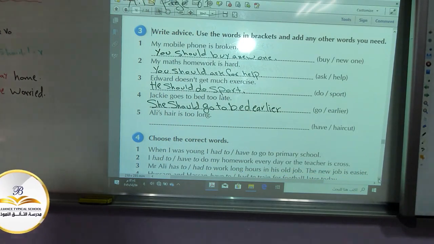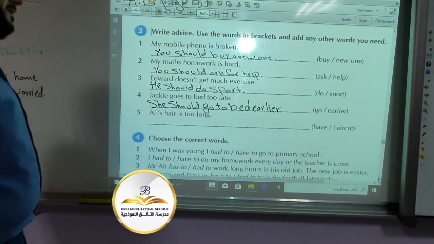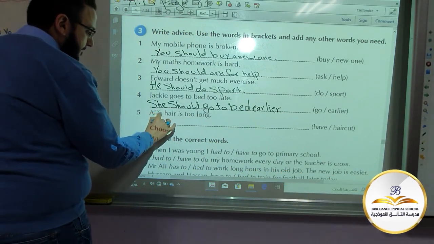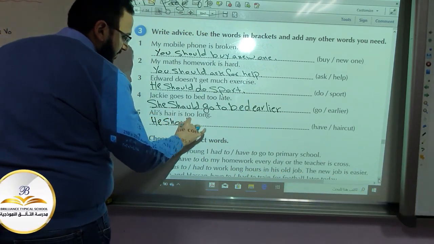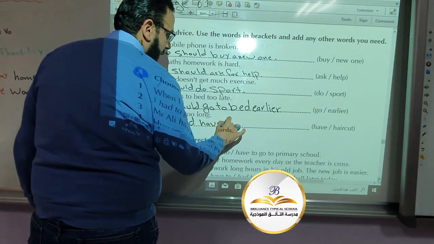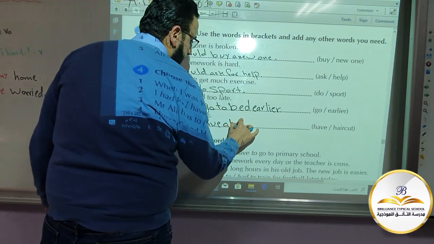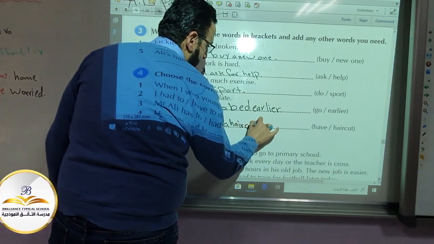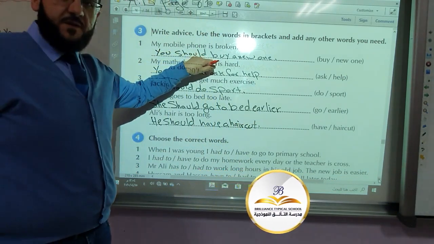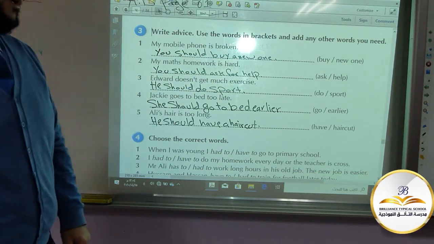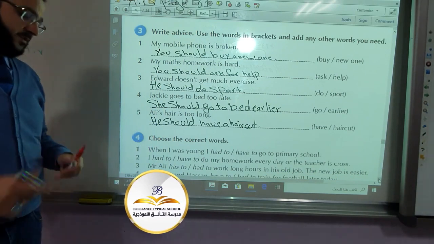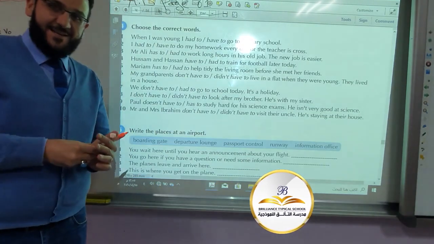Ali's hair is too long. Have a haircut. So he should have a haircut. And remember, we use should plus verb infinitive to talk about advice in English. Okay, let's continue with exercise number 4.